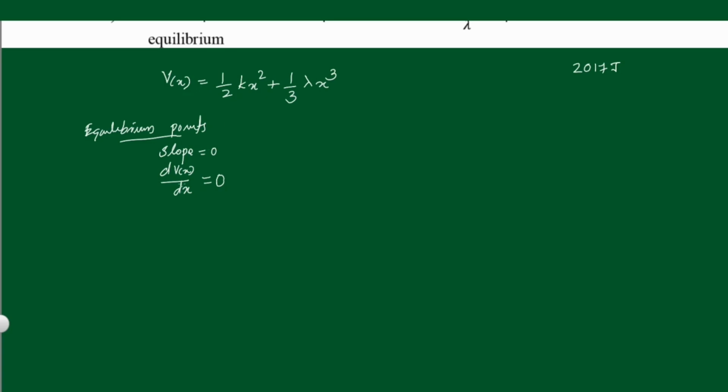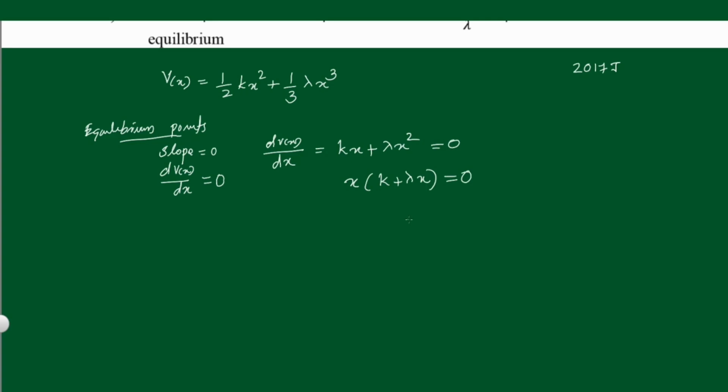Now we have to find d by dx of this function. So d by dx of this function will be equal to kx plus lambda x square, and this will be equal to 0. So we take the common term, that is x into k plus lambda x equal to 0.